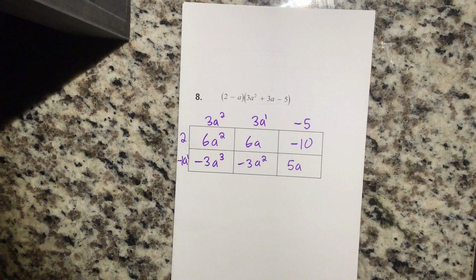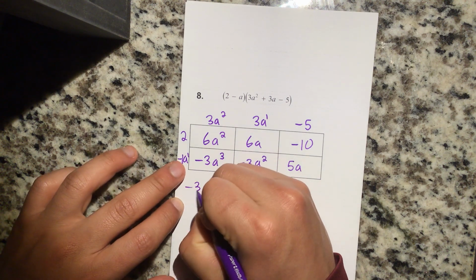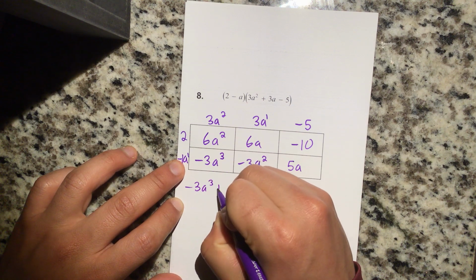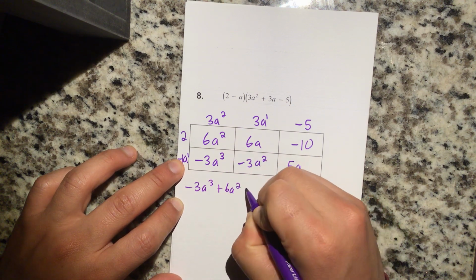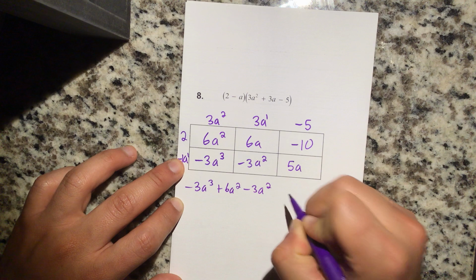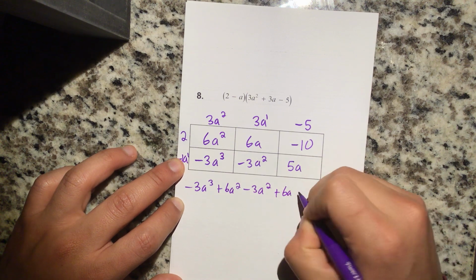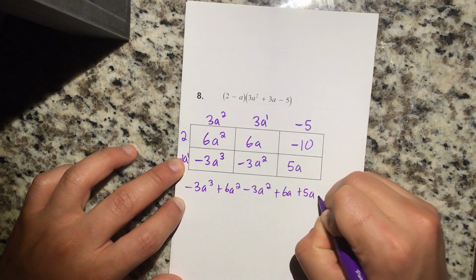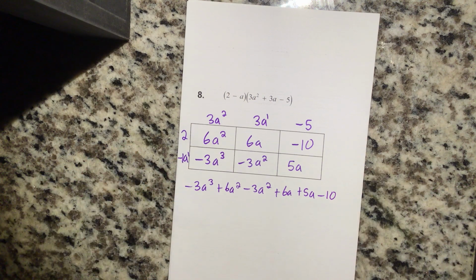And then again, we want to write in standard form. So I have negative 3a to the third plus 6a squared minus 3a squared plus 6a plus 5a minus 10. And again, super long answer, but that's because there's stuff we can combine.